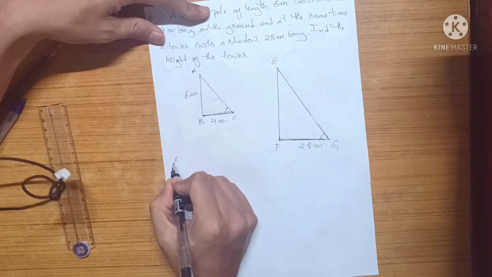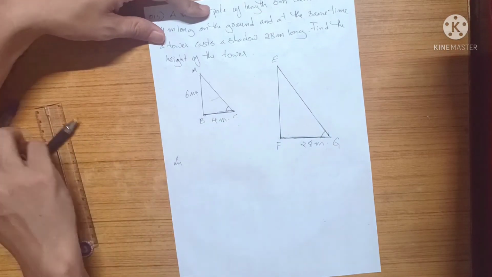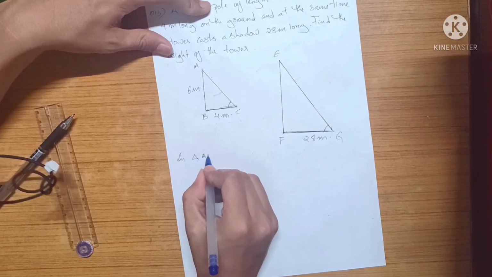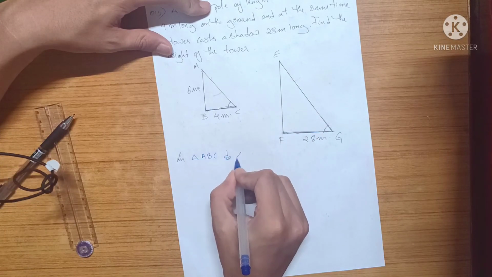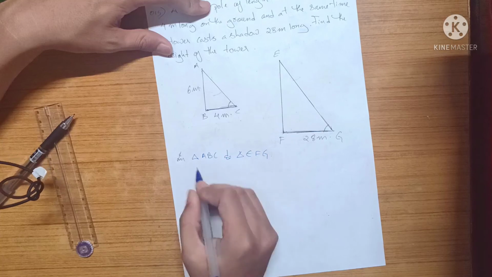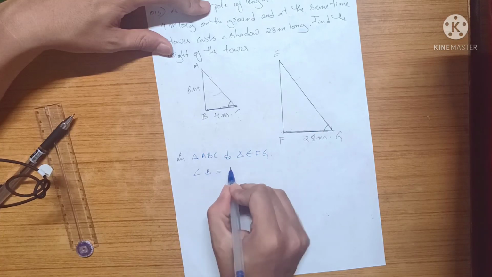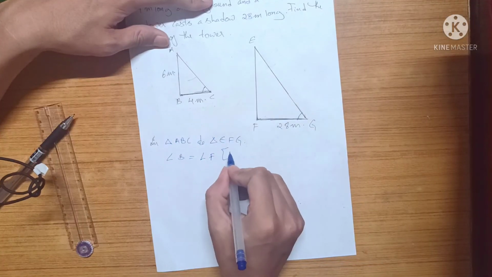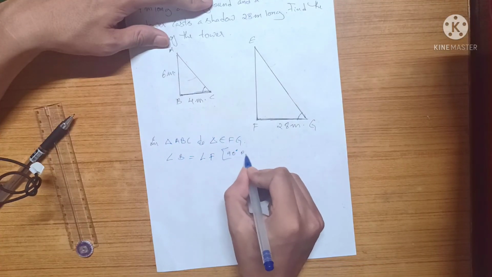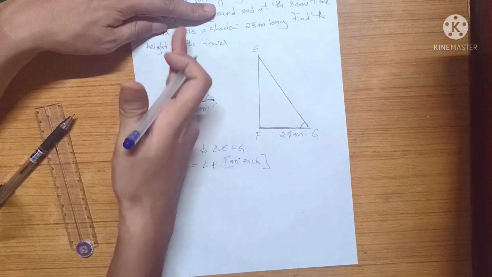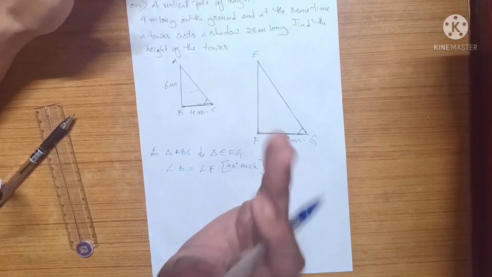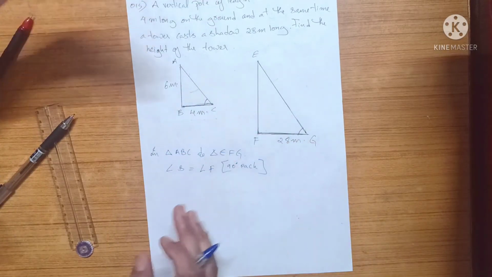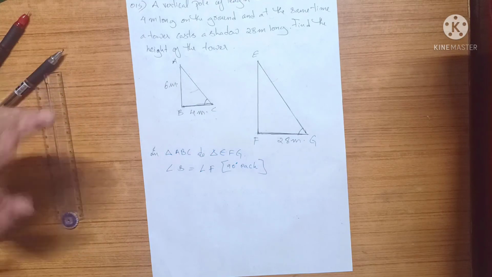So in triangle ABC and triangle EFG, angle B equal to angle F. Why is that? Because both are 90 degrees each. Why is it 90 degrees? Because these are altitudes. A building or a power pole is always going to be 90 degrees, straight.